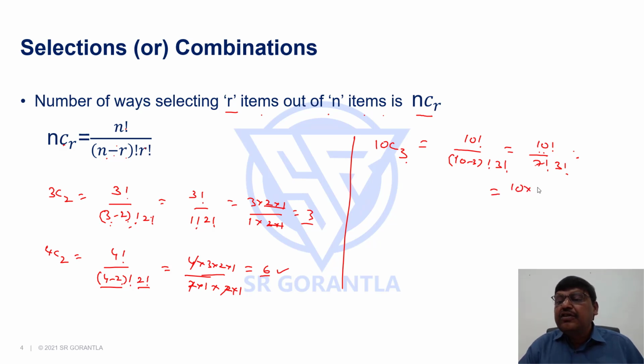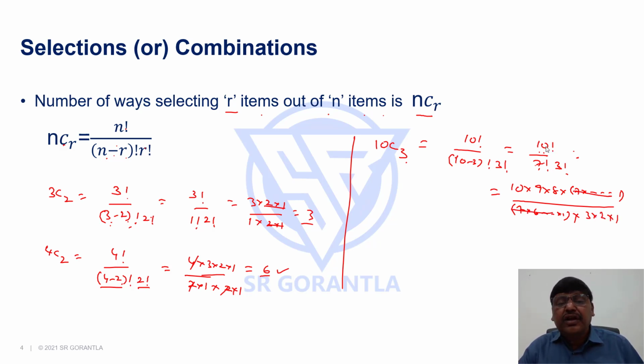What will be left over is 10 into 9 into 8 by 3 into 2 into 1, that is for this 3 factorial. You can see 3 3's are 9, 3 4's are 12, 12 10's are 120. Right? This is about selecting R items out of N items, which we call NCR.